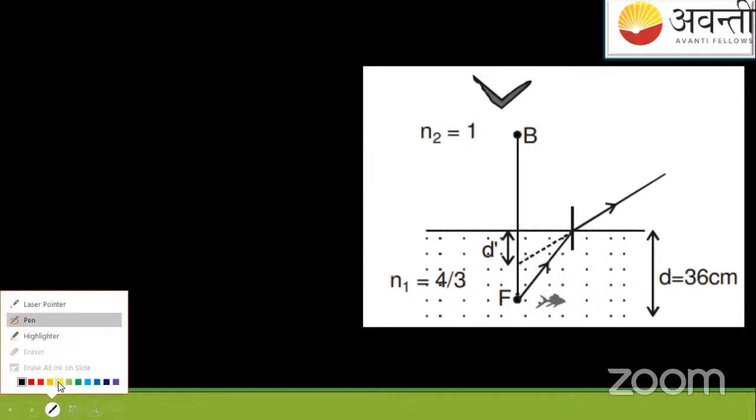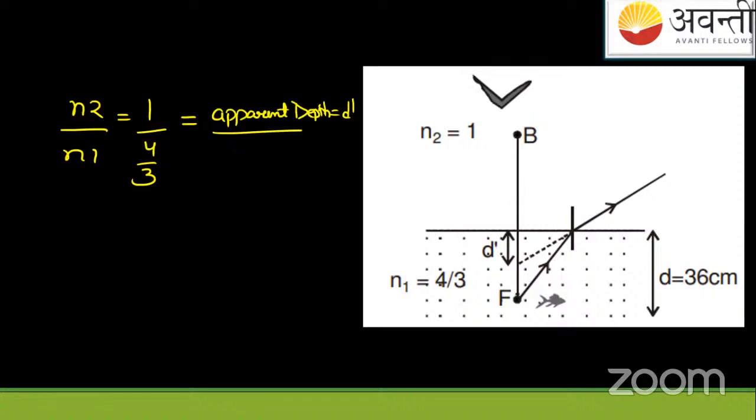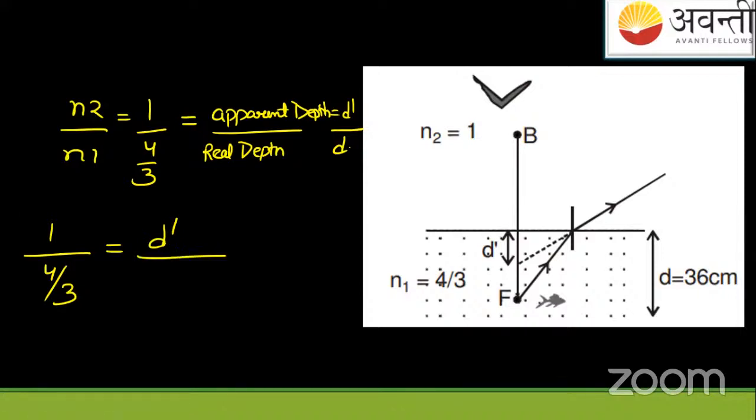So we'll say rarer upon denser, 1 by 4/3 equals apparent depth, which is here marked with D dash, upon real depth, which is here marked with D. So 1 by 4/3 equals D dash upon D.